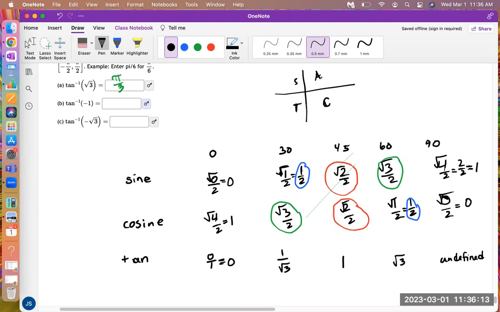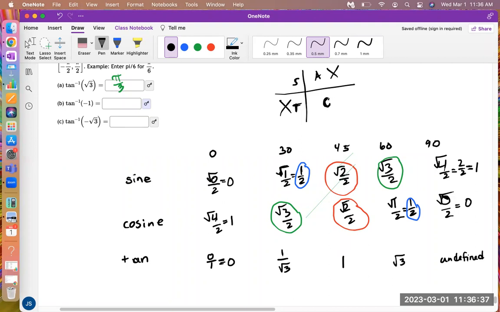That means all trig functions are positive in this first quadrant. Only sine is positive here, only tangent is positive here, and only cosine is positive there. So where is tangent going to be negative? Well, not here and not here. So tangent is negative in both Q2 and Q4.